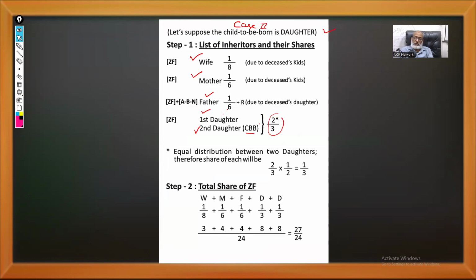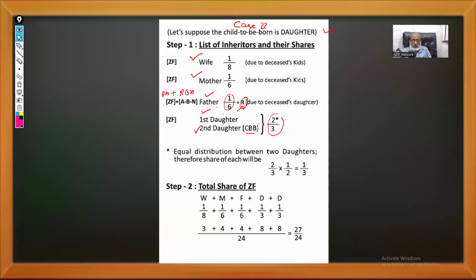Due to the daughters, the father becomes a primary heir as well as the residuary by himself. So the father will get 1/6 as reserved, and if something is left, then the value of the R will also go to the father.